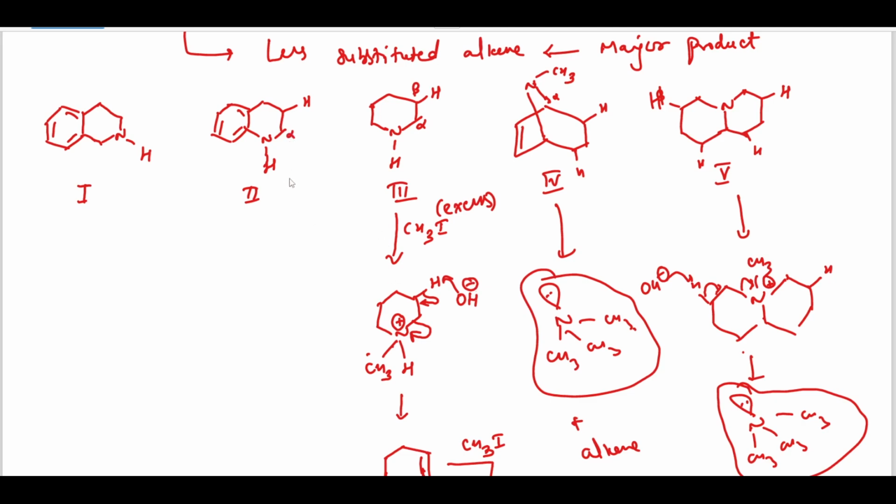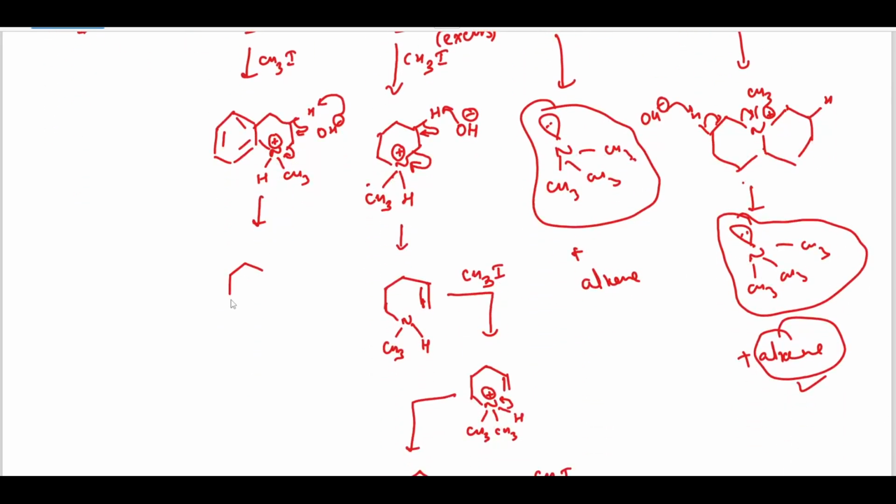So in this case, if there is exhaustive methylation onto this nitrogen atom, clear? This nitrogen will get positive charge and this OH negative will abstract this proton, and here according to Hoffman, less substituted alkene will be formed, clear?